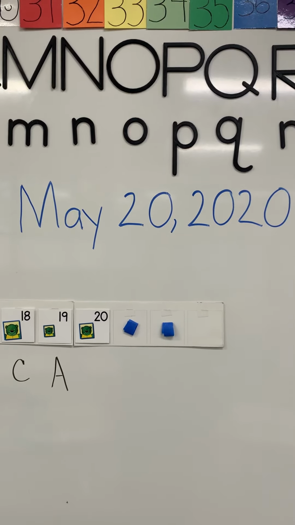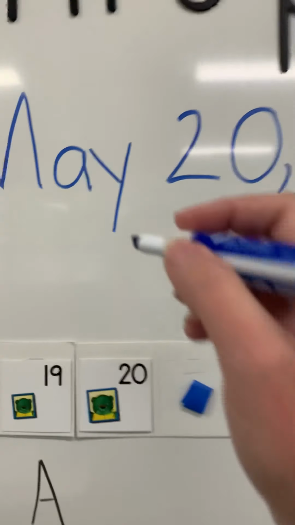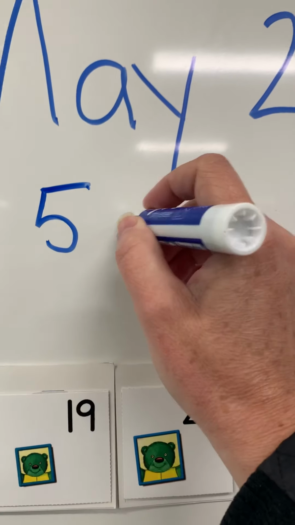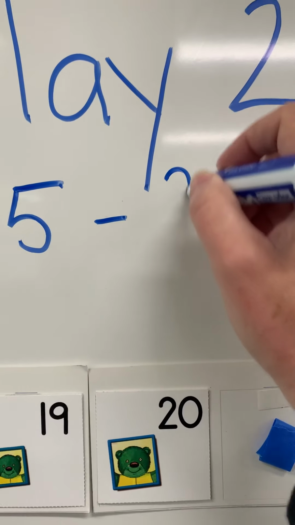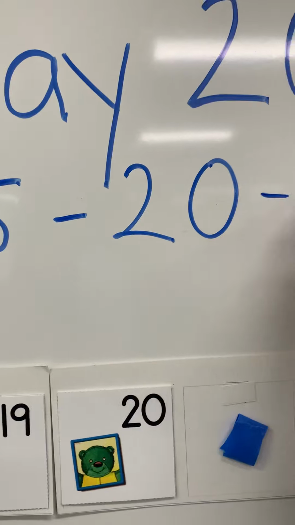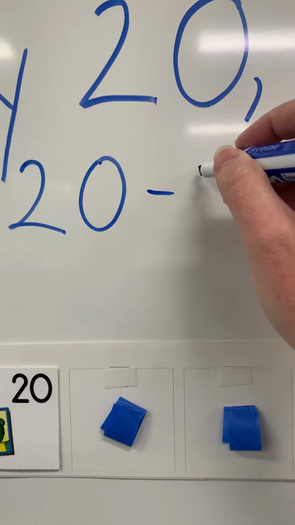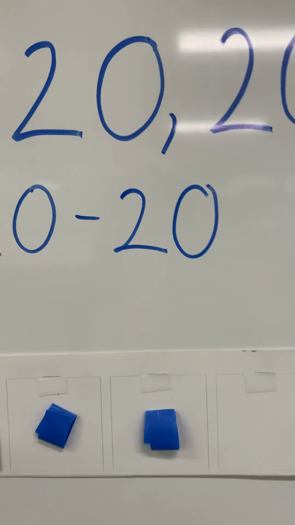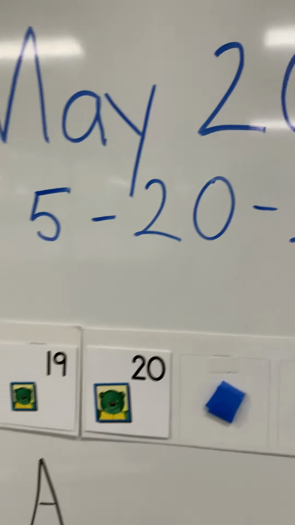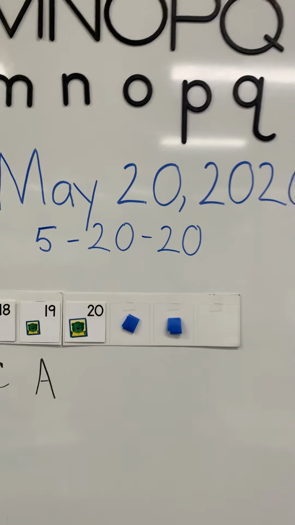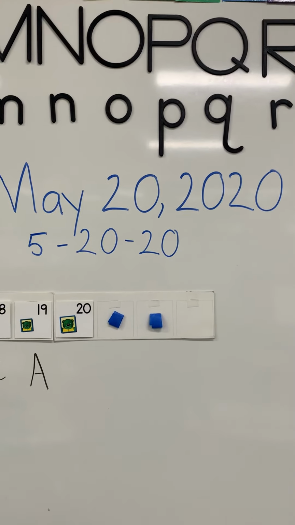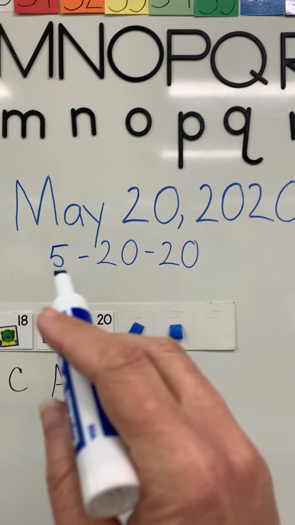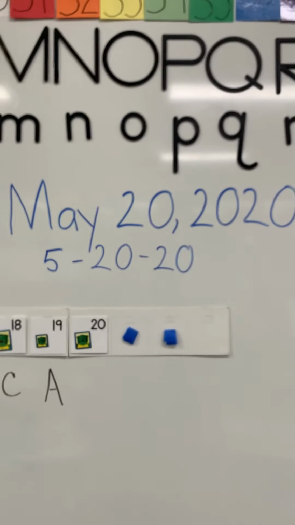So sometimes people, to be a little shortcut, they will say the 5th month of the year, and then they'll do a little dash, the 20th day of the month, and it's the year 20 of 2020, right? So instead of writing May 20th, 2020, they've written 5/20/20.